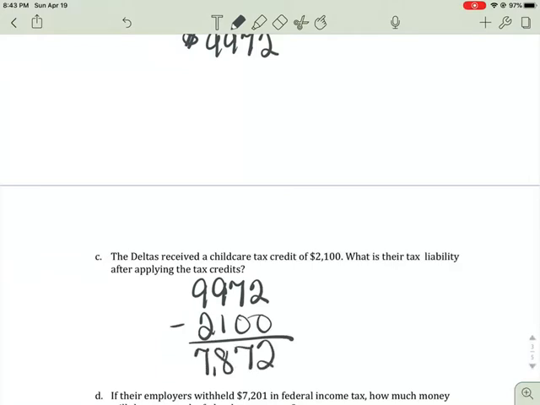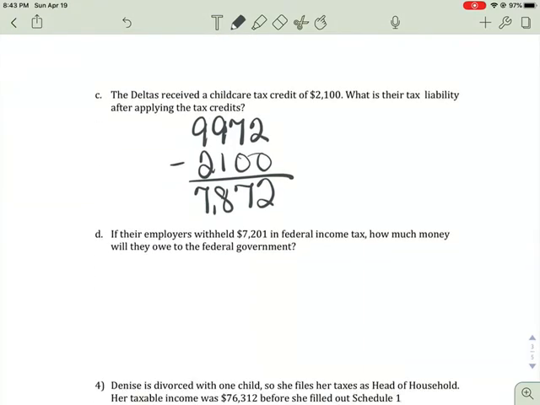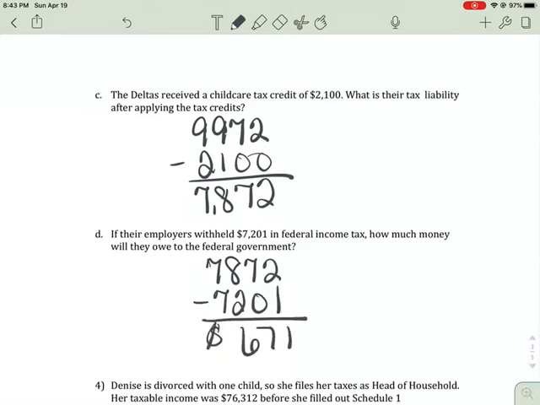Okay, so they owe now $7,872. Now, their employers withheld $7,201 in income tax. How much money do they owe the government? So we're going to take the difference between these two. And they only owe $671.